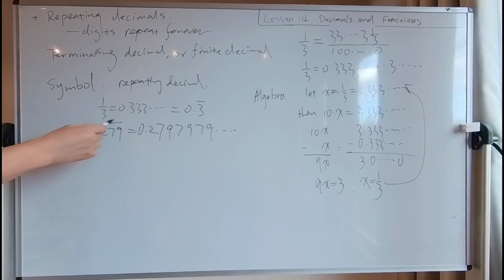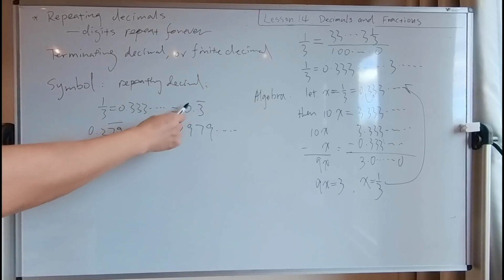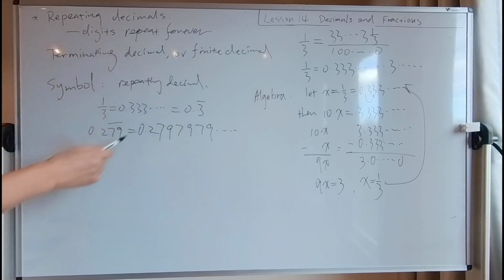So first of all, this bar doesn't have to cover all the digits. It can cover only the partial digits, but it has to be the last digits. And it also doesn't have to be only one digit repeating. It's possible to have 2 digits repeating or 3 digits repeating, or as many digits as possible.